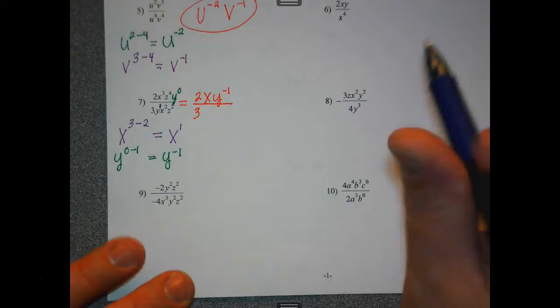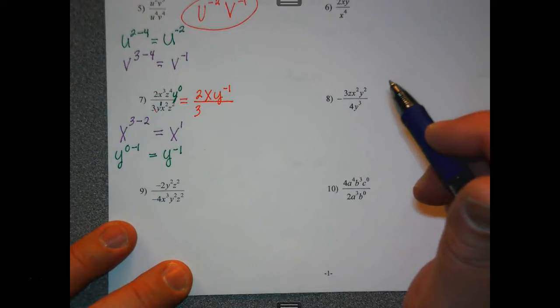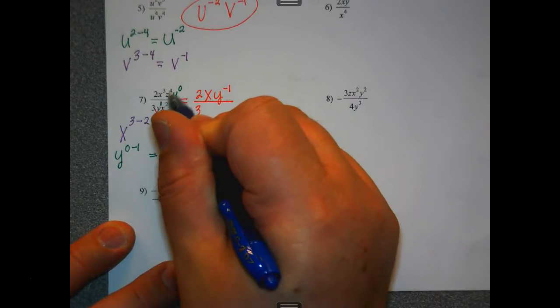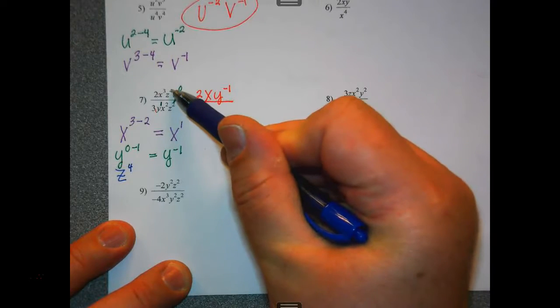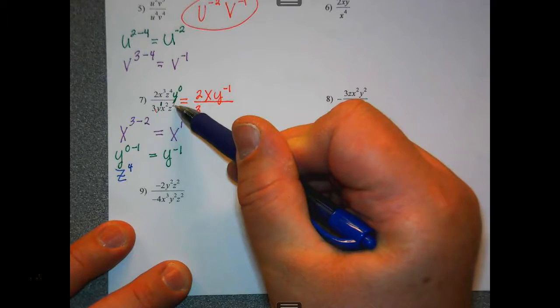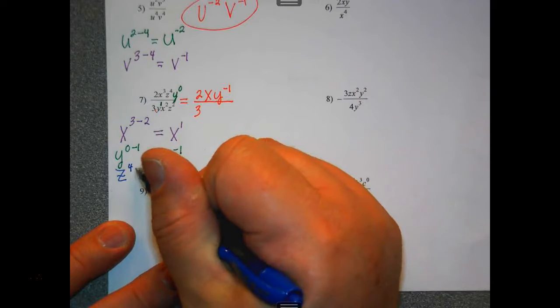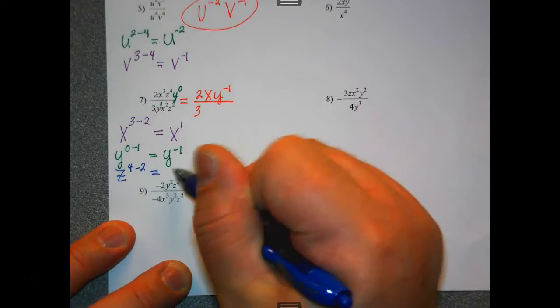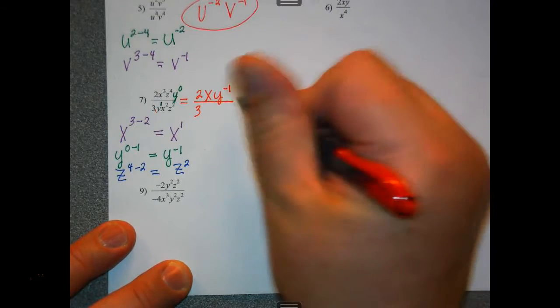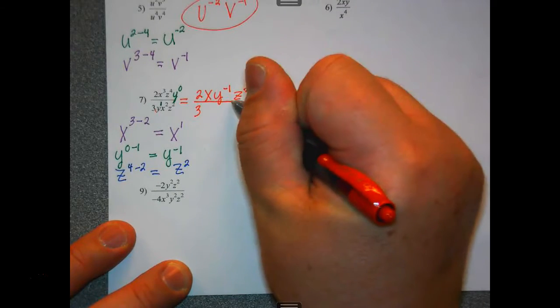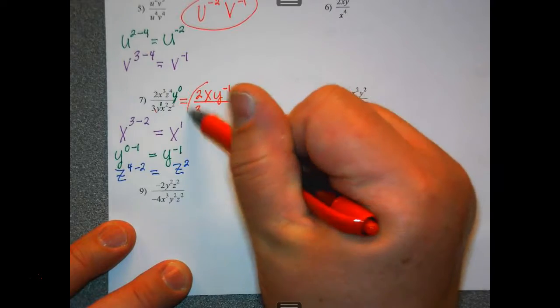Okay. I'm sorry. Okay, I have z to the 4th, and I got a 2 for an exponent in the denominator, so I'm going to subtract 2. That gives me z squared. So here's my answer for now.